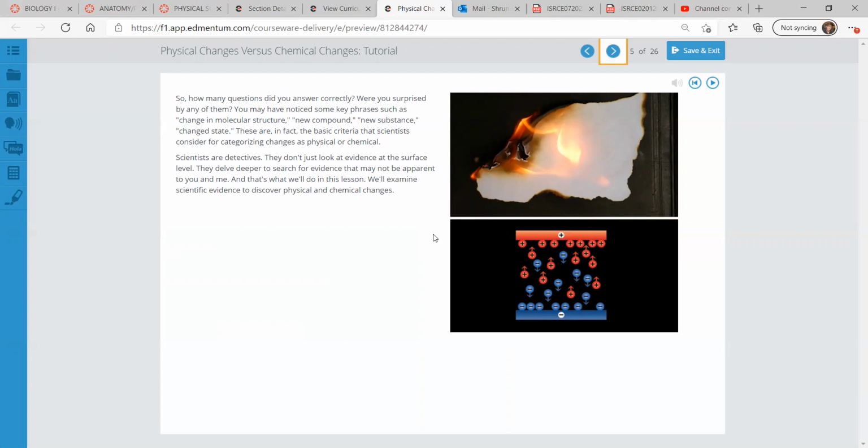So we can think of scientists as detectives, looking at evidence and basing decisions on clues and prior knowledge. And they delve deeper to search for evidence that may not be apparent to you or me on the surface, right? You can only gain so much information by looking at something. Sometimes you need a closer look.